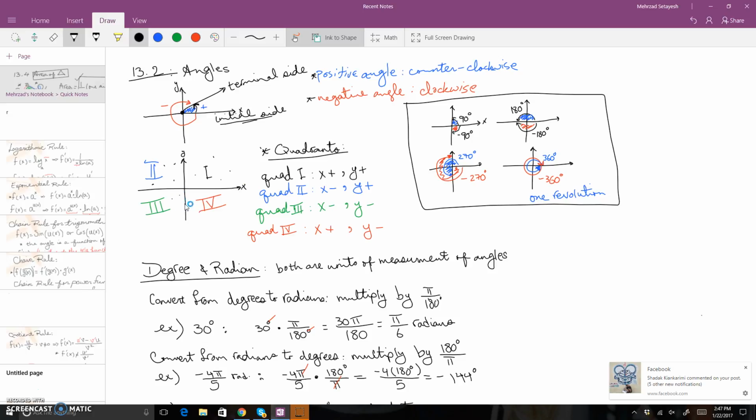Any point in the third quadrant, x is negative, y is also negative. And any point in the fourth quadrant has x positive and y negative. These are really helpful when we talk about sine and cosine and tangent, and then the three reciprocals.